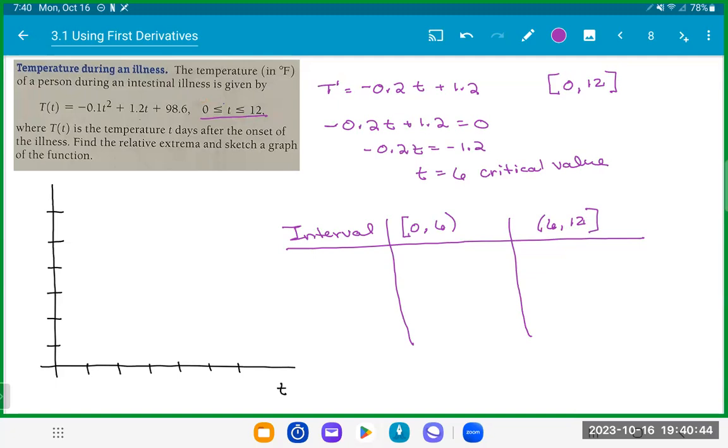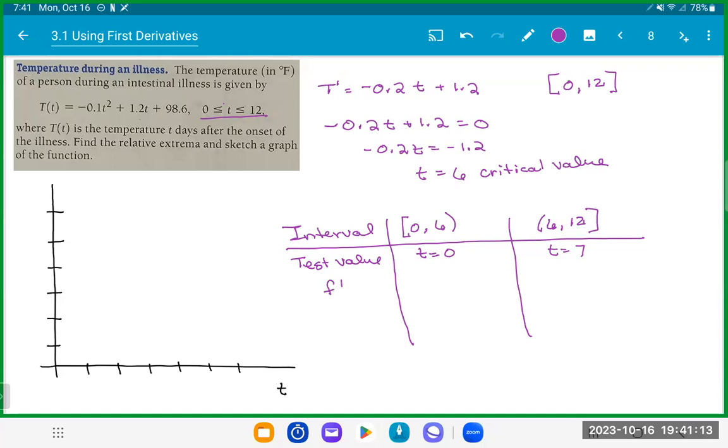Our test value can be 0 for the first interval, so we can let t equal 0 because that is inclusive. For this one, though, we'd want t equal to 7 because the 6 is not included.